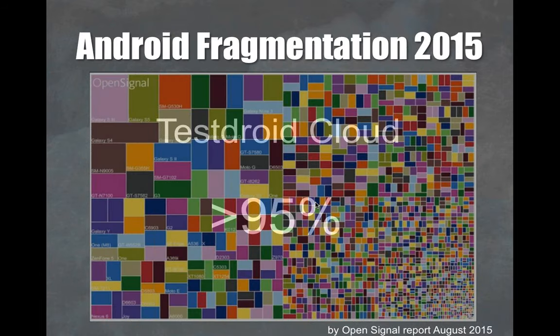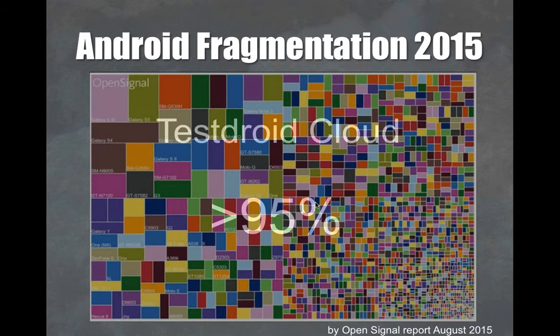We also got OpenSignal's updated report on Android fragmentation last week. It pretty much looks like this. Of course, it's not the whole truth, as it's based on the people who are actually using their service. But it's somewhat relevant for application developers.